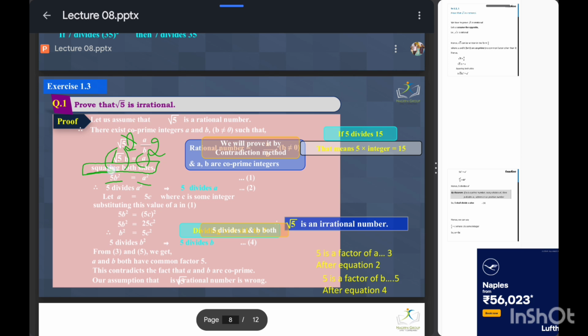So shift the 5 to this side, I'm writing here 5b square equals a square. Shift this 5 to this side, so you will get b square equals a square divided by 5. This is important.